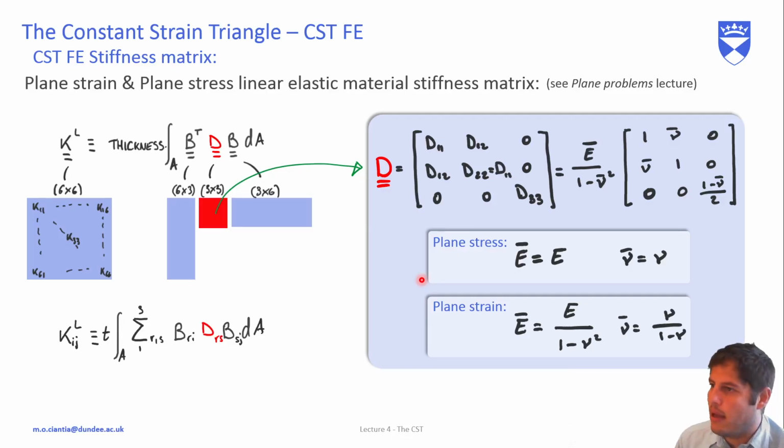So these are the terms D that you need to use when you do D_rs. For example, D11, you get this value here, which is E over 1 minus nu squared times 1, where E and nu are one of these two, depending on which type of problem we're solving.